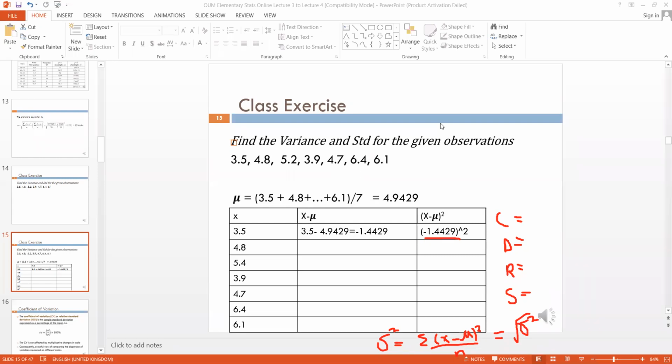Now, let's also look at another measure of deviation, which is the coefficient of variation. When we finish, we try some examples.